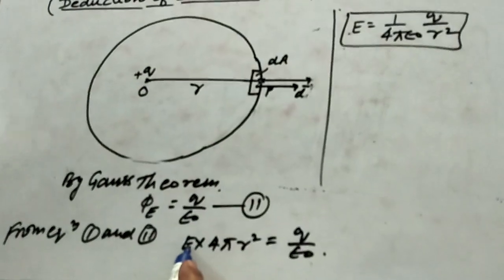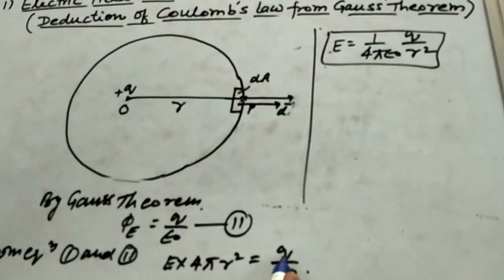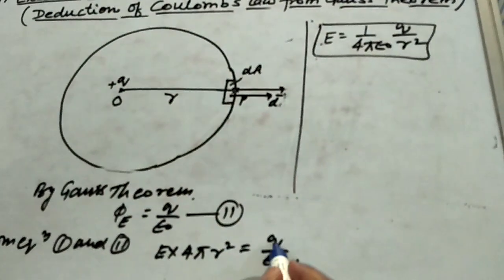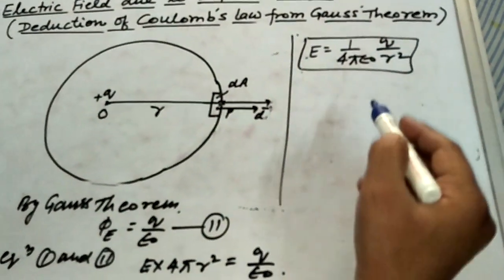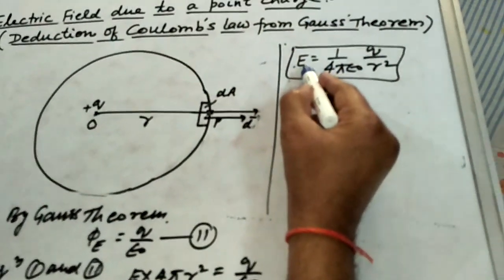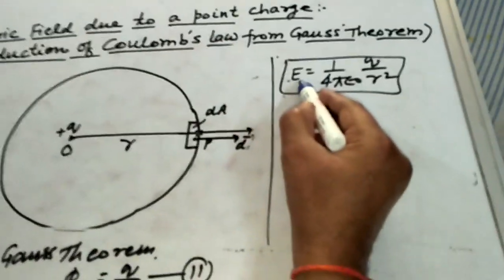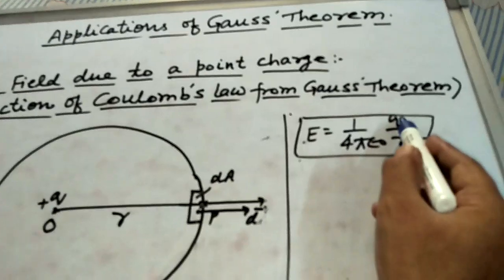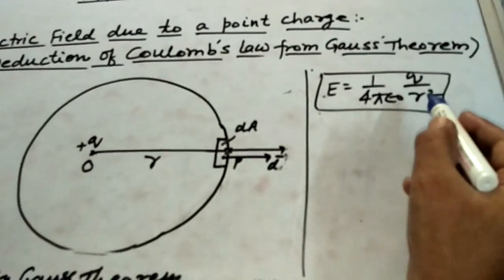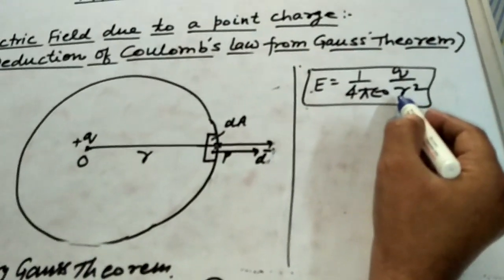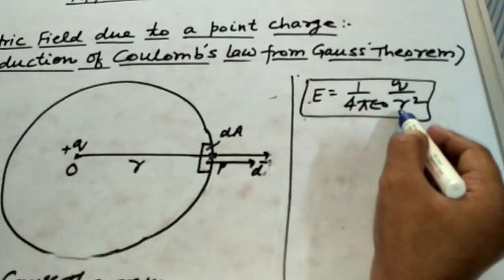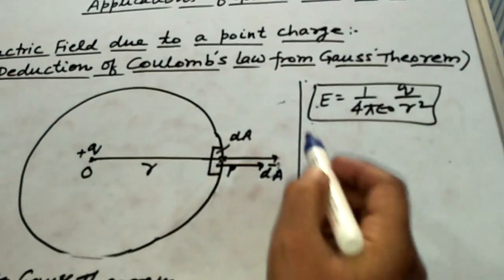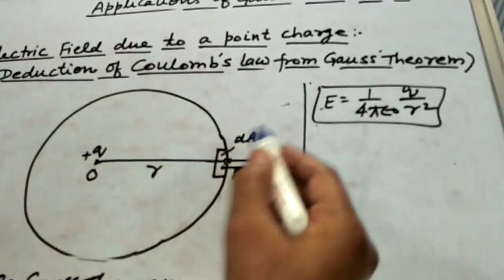From here you can see E is equal to, 4 pi r square you will take here, so you can write 1 upon 4 pi epsilon naught, and this becomes Q upon r square. You know the electric field due to a point charge, already derived, at a distance r from it is equal to 1 upon 4 pi epsilon naught Q upon r square. So here you have derived the electric field due to a point charge by using the Gauss theorem. This is one application of the Gauss theorem.